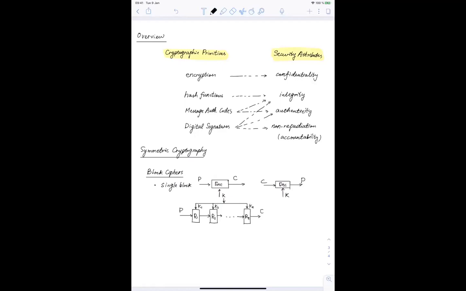So this is a little bit more introduction of the internal round functions of block ciphers. And for decryption, the process is quite similar, but reversed. I mean, we have the round function Rn, but here we have C as the input.